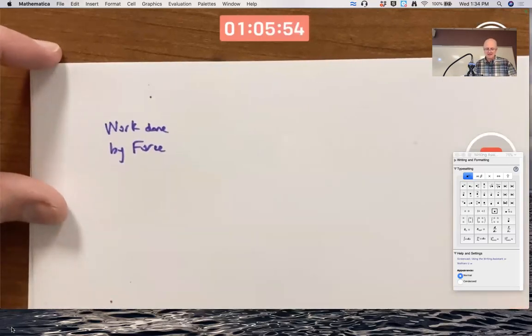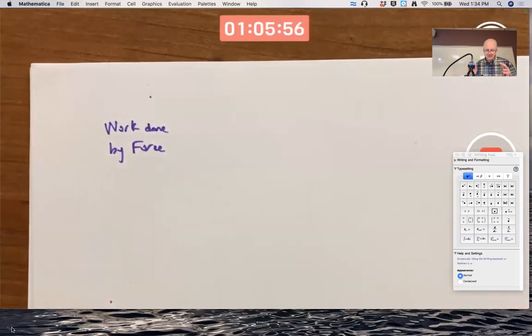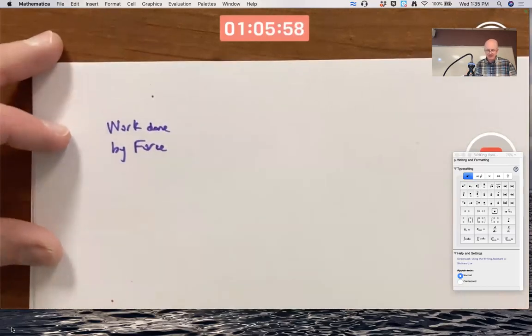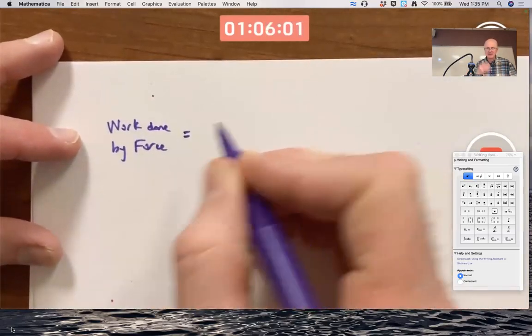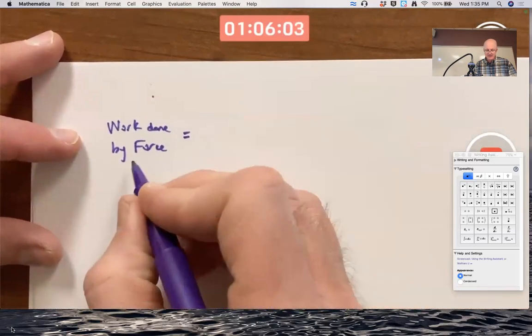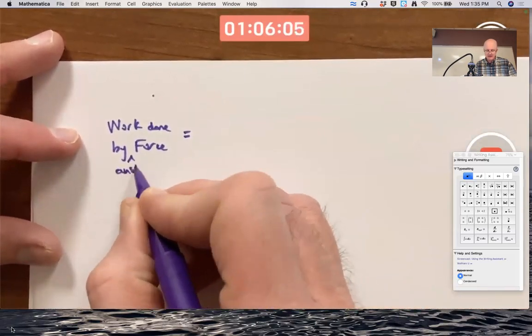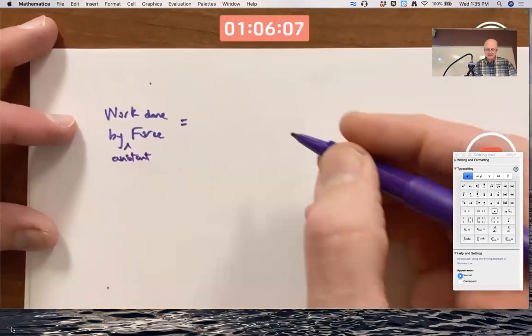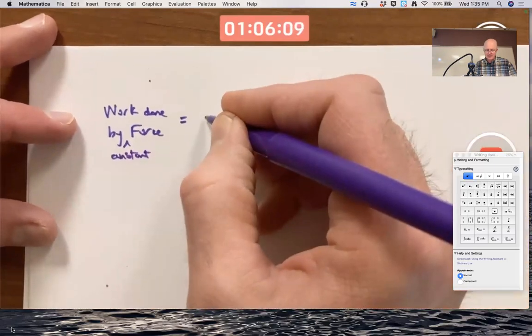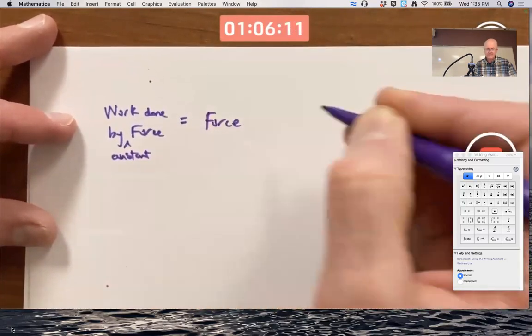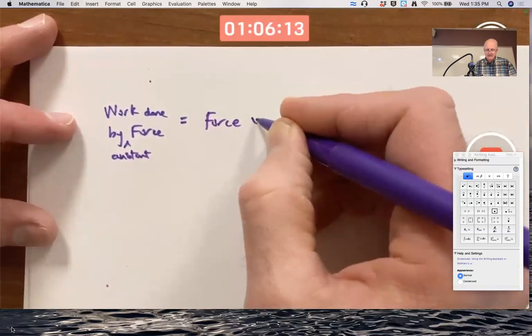So there's lots of different situations where you can think about this, but in the most simple kind of conceptual thing, and this is a constant force, work is the magnitude of the force, I'll just call it the force itself, times the distance.